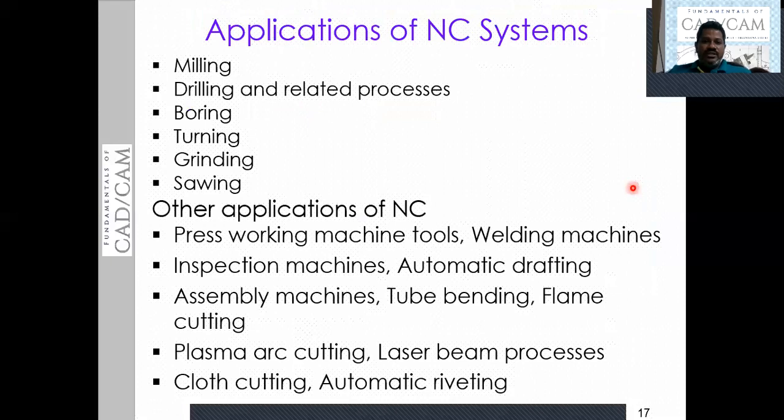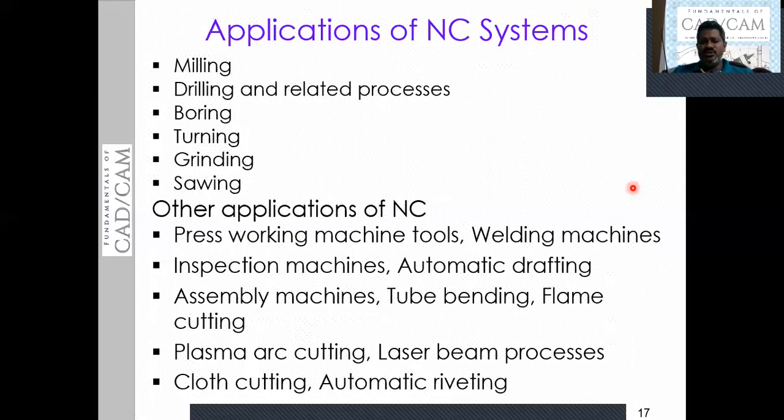Let me move on to the applications of the NC system. This NC system is used in milling machines, drilling related processes, boring, turning, grinding, and sawing operations. In all these machines, this NC system is used. Then when it comes to the other applications, these NC systems are used for press working machine tools and welding machines.